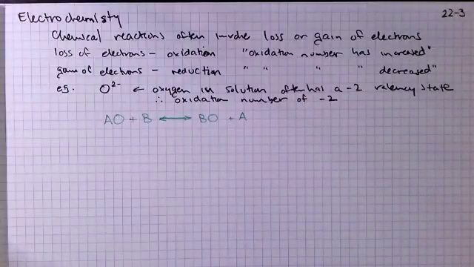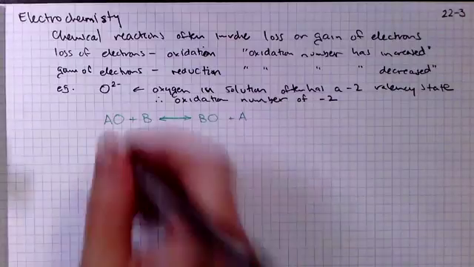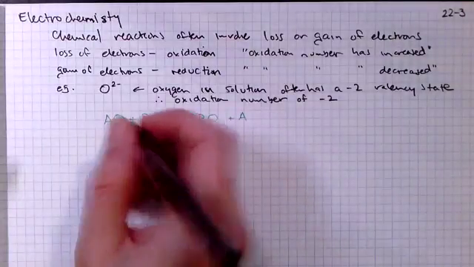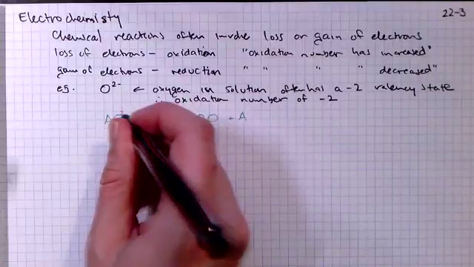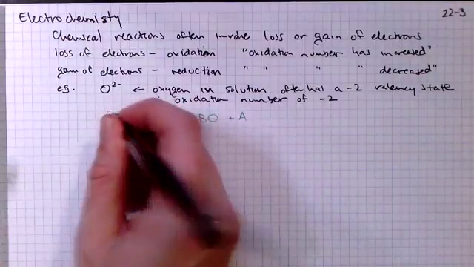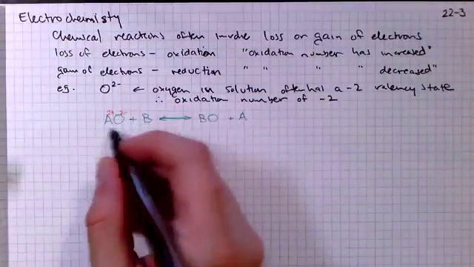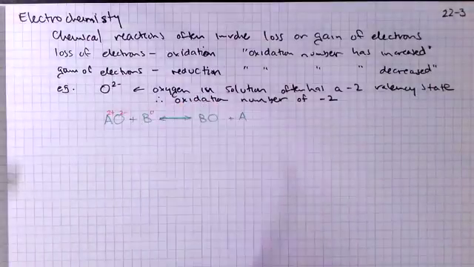So what happens when we do that? Well, we can think about this in terms of where the electrons are. So initially, if the oxygen is 2 minus, this is in a 2 plus oxidation state so that it's neutral, and here B is neutral.